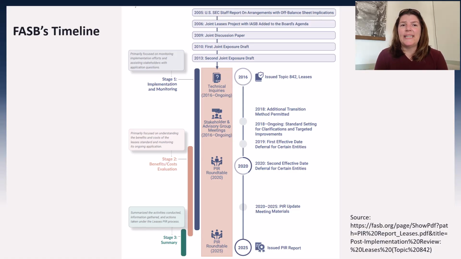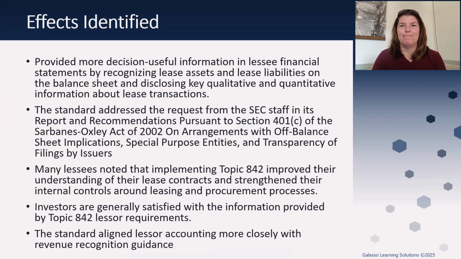But as you can see, they've made some changes over the time. They issued additional documents. They had to delay the standard. And then from the implementation of that standard, they obviously then took a look at what were some of the post-implementation. They did those round tables as part of that. So public and private entities now have implemented.